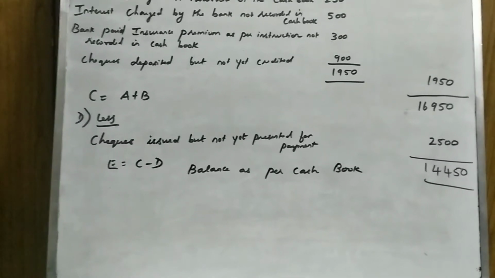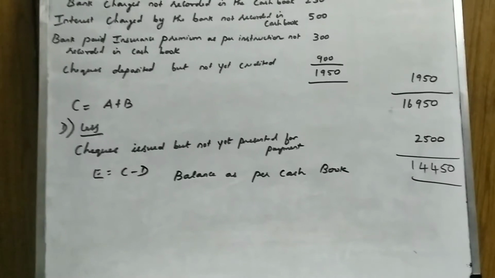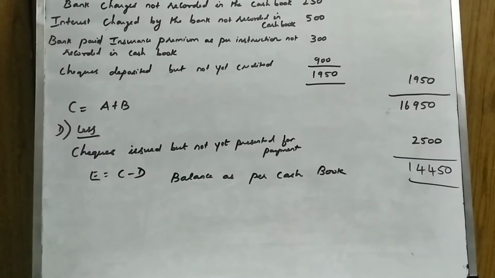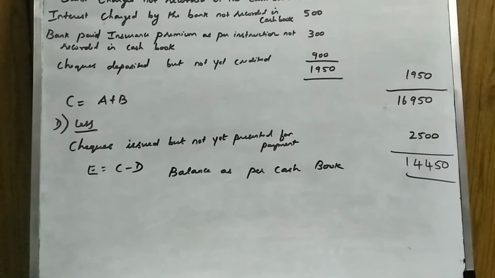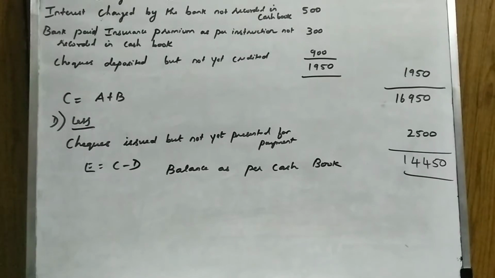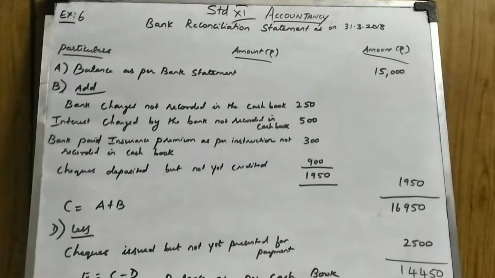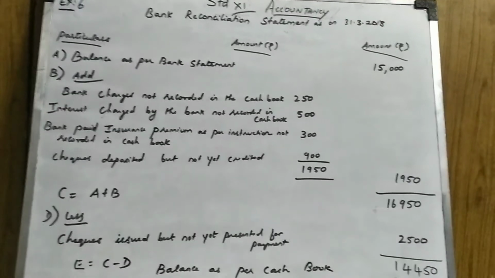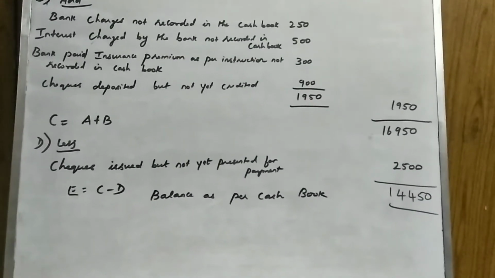So if you want to equalize both, you have to deduct that. 2,500. C minus D, 16,950 minus 2,500 gives you 14,450. That is E, balance as per cash book. We started with balance as per bank statement. Now at the end, we are getting balance as per cash book.